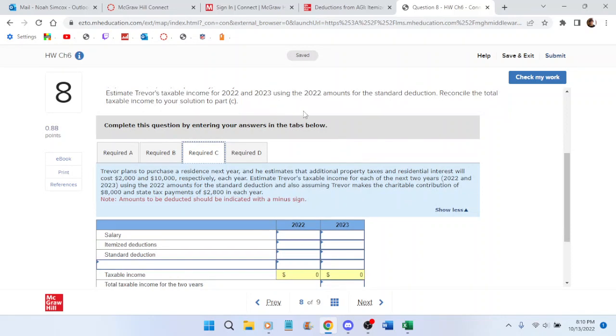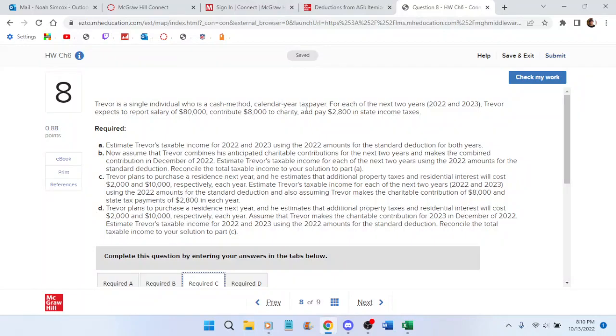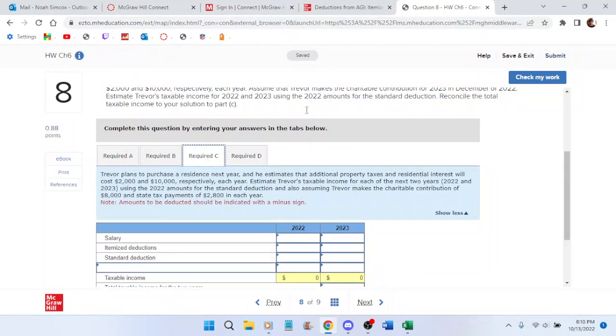Which year? 2023? Or 2022? This is crap. Okay, so in 2022 he's going to purchase a personal residence, additional property taxes.